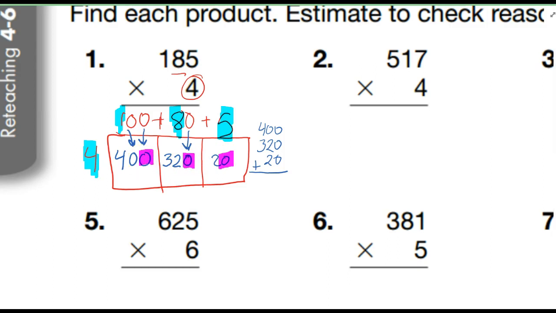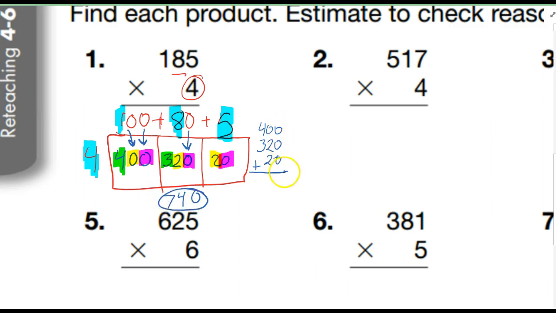That leaves me with 0. There are 2 tens plus 2 tens equals 4 tens, plus 2 more tens. That gives me 4 tens. And then 300s plus 400s gives me a total of 700. So our answer here is 740.